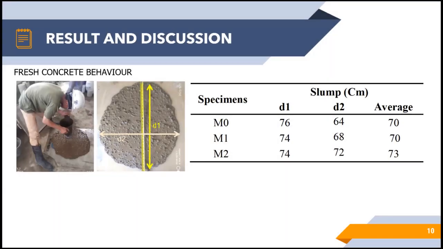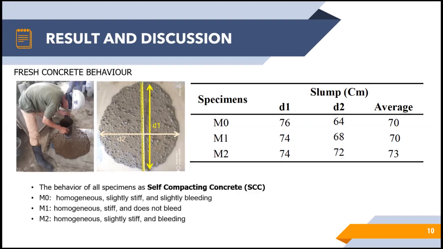Okay, and on the result of the fresh concrete test, we checked by the slump flow test, and the table is the result of the slump flow. We can see that the average of specimen M0 is 70 centimeters, M1 is 70, and M2 is 73 centimeters.